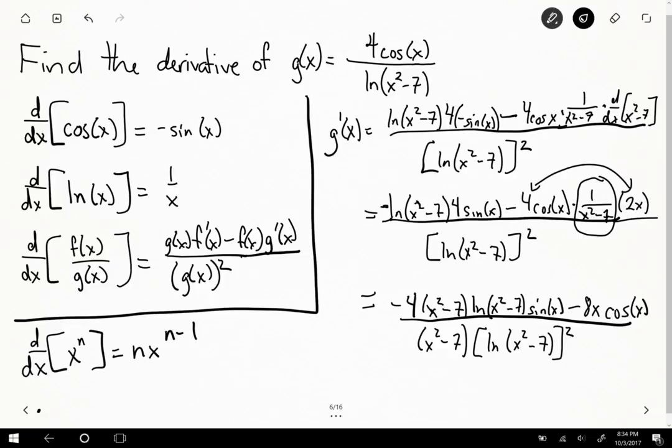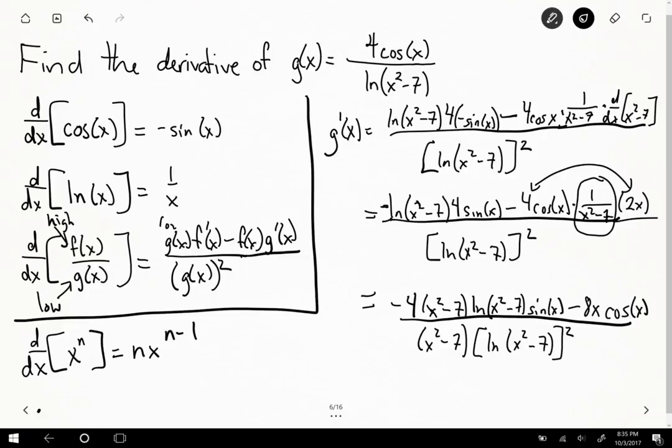So I see some comments, and I'll try and address them one by one as I can. So yeah, I heard the low d high minus high d low over the bottom squared. That's great. That works just fine. And what's happening here, so some people call this low, and some people call this high. So high and low.